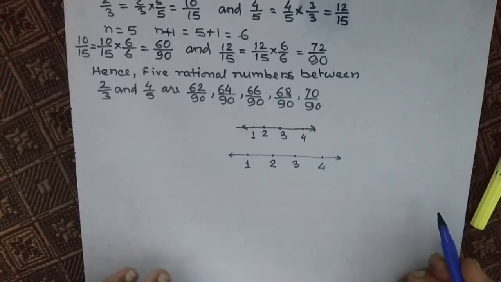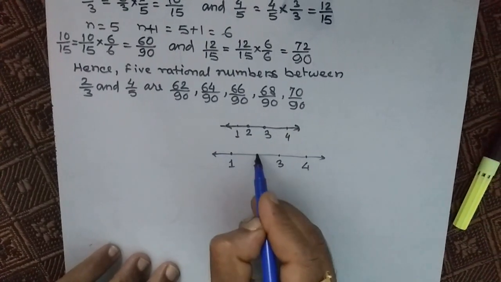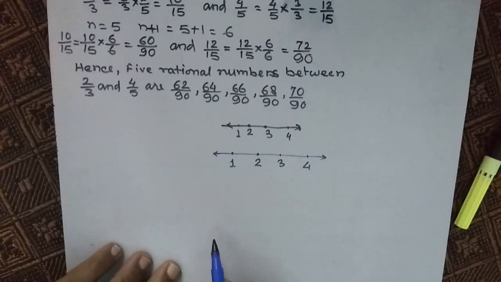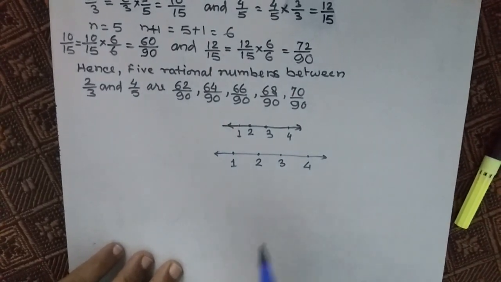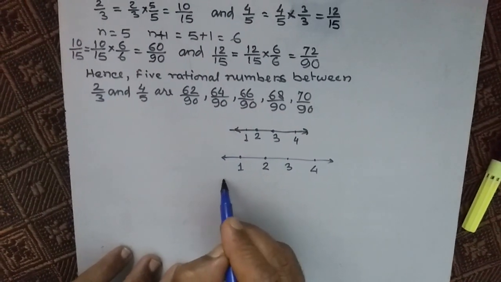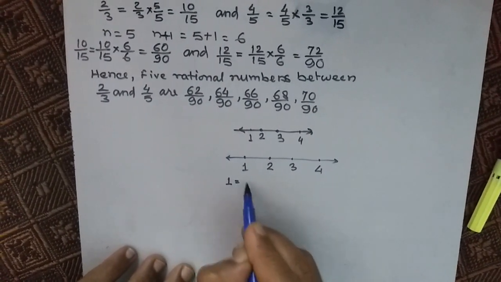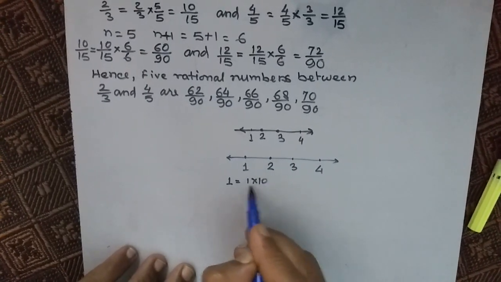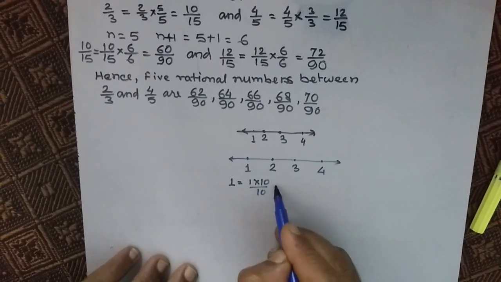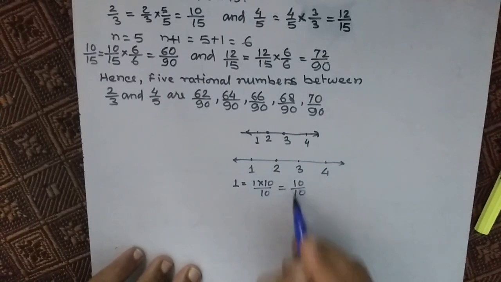Let us take a very close interval, 1 and 2. If you have 1 and you multiply 1 by 10 and divide by 10, then it is equal to 10 by 10.